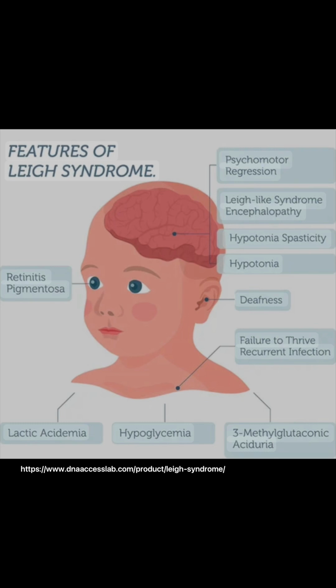Although most patients with Leigh syndrome have a mutation in nuclear DNA, about 25% have a mutation in mtDNA.